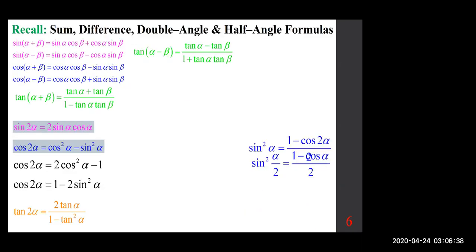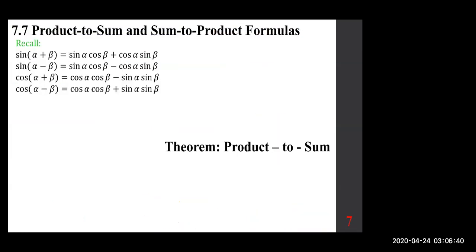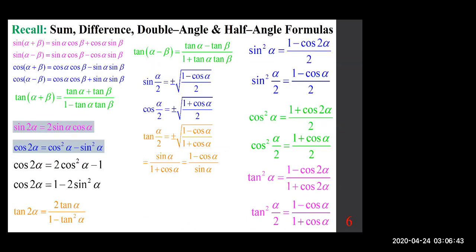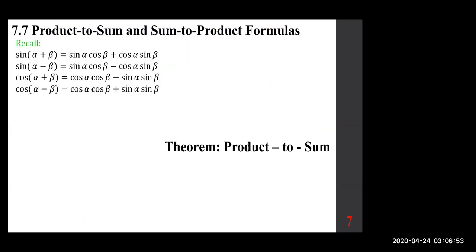Double angles, everybody remembers them, so there's really not much to worry about here. Now, here's the new section we want to discuss. Let's see how this thing works. The product to sum and sum to product. It's extremely simple, class. So you have a bunch of equations here.